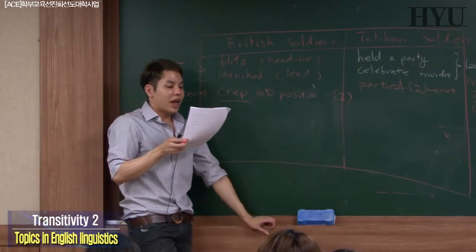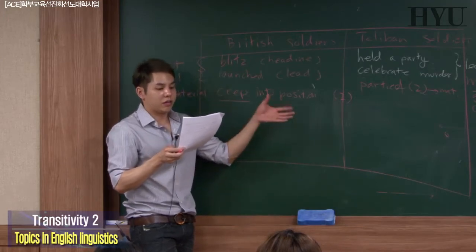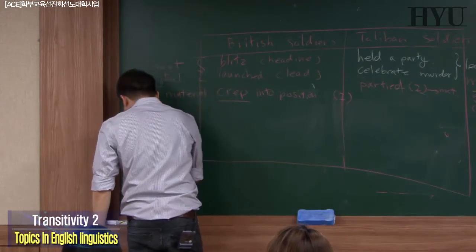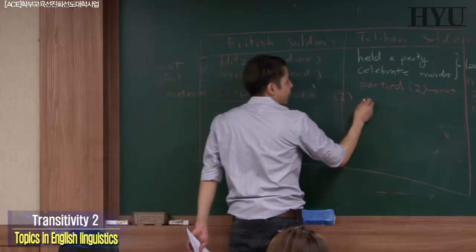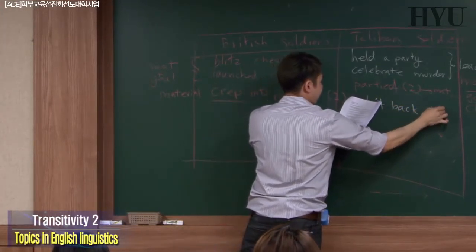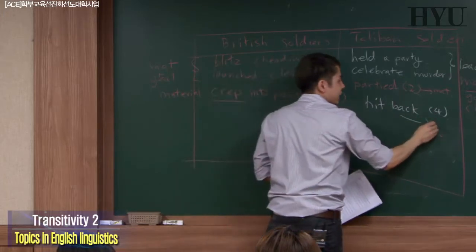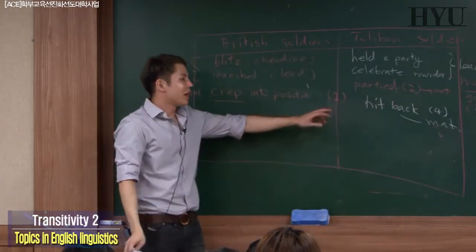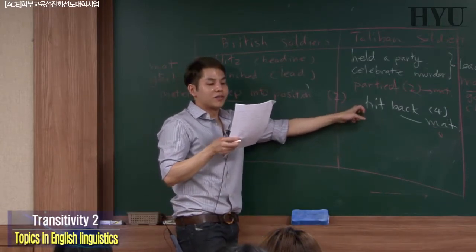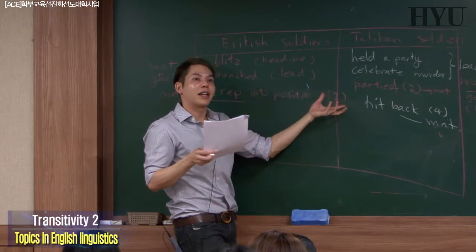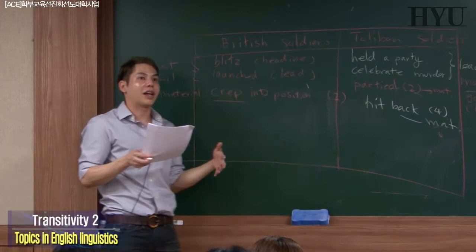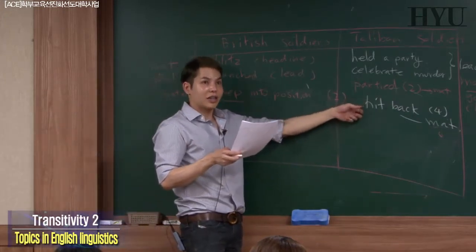Number 4, ragtag Taliban sentries, like the military force, try to hit back. So in this case, we have the Taliban side. We have hit back, in line 4, and it's the material process. This one involves some kind of military operation. But if you look at the first verb, try to hit back, tried means that it's not accomplished yet, okay?